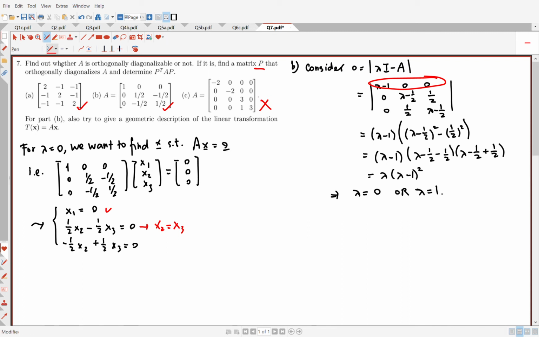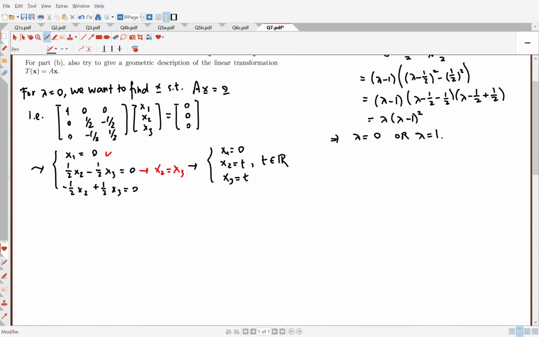So x1 is equal to 0, x2 equals t, x3 equals t, where t is a real number. Hence, x is equal to t times (0, 1, 1), where t is a real number.